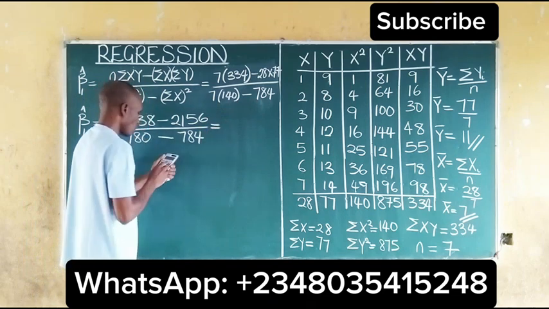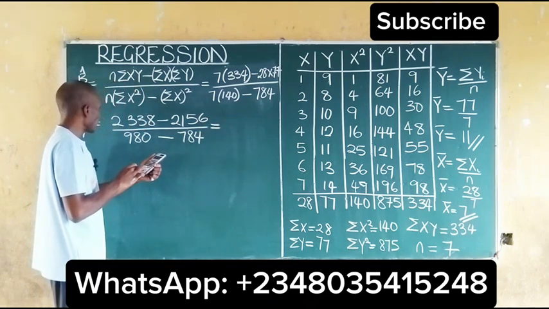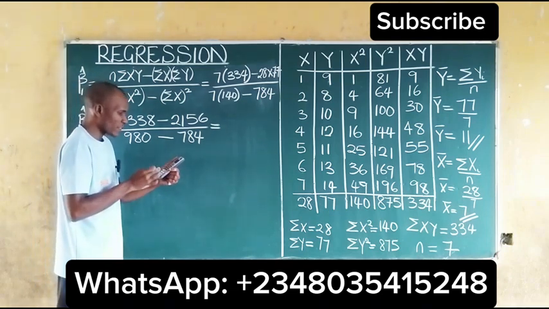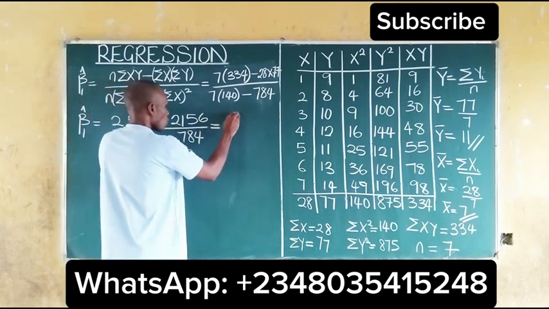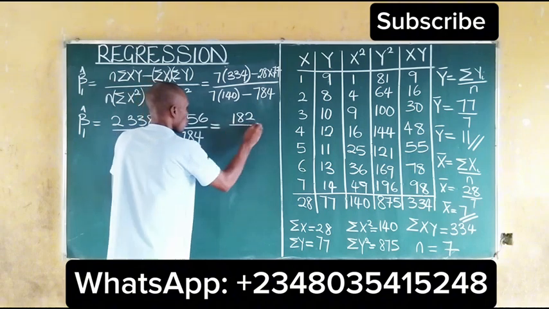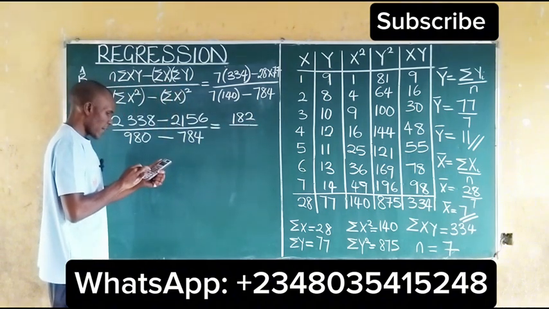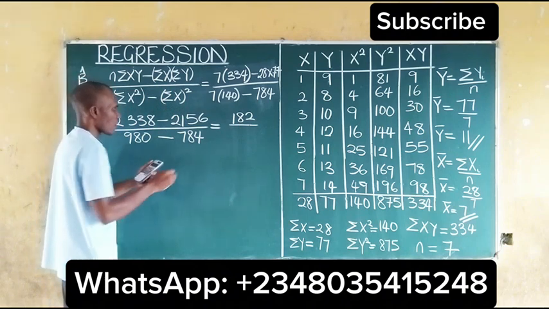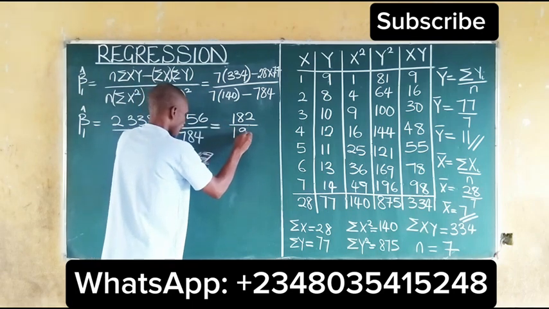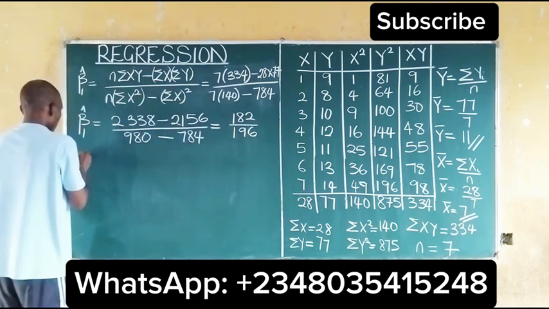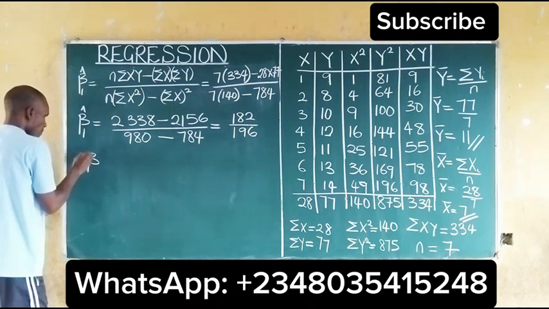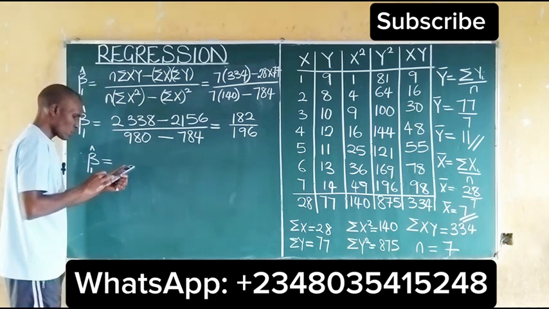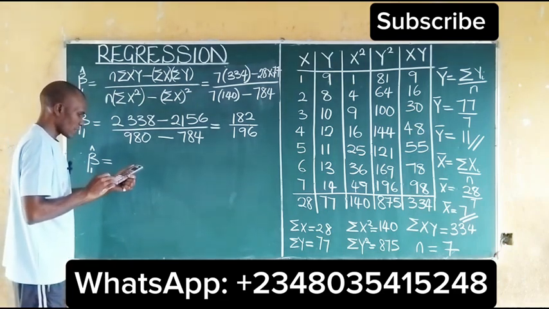So 2338 minus 2156 is equal to 182, all over 980 minus 784, which is 196.